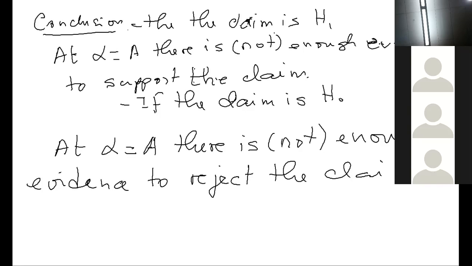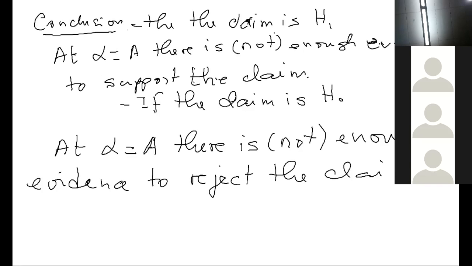As we move on, you are going to observe that sometimes I use the word reject, sometimes I use the word support. I use support when the claim is H1, reject when the claim is H0, depending on the decision that you will take. The decision is always about H0. There is no H1. We test H0. And knowing the information we get from the test about H0, we make a conclusion.